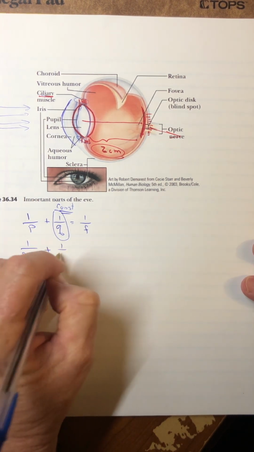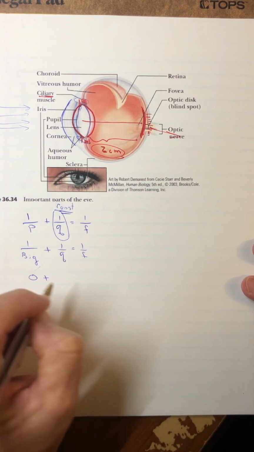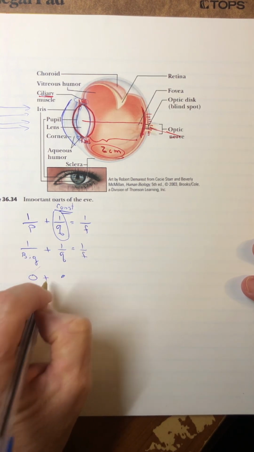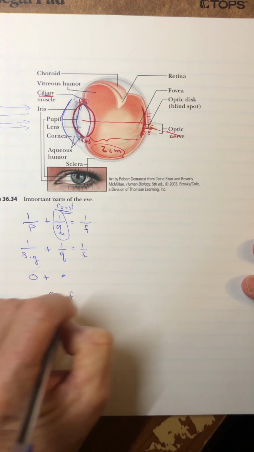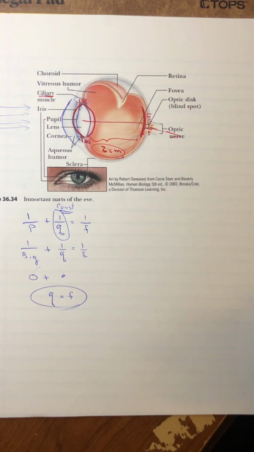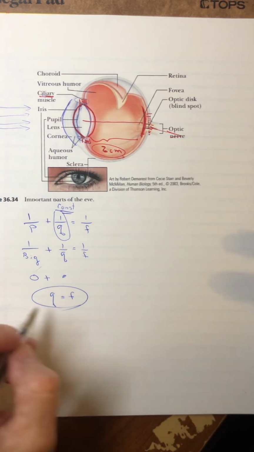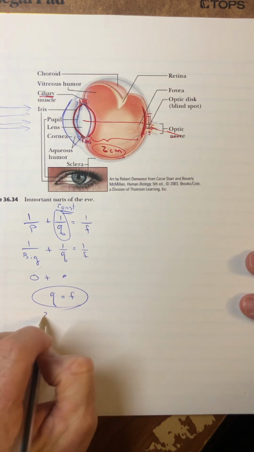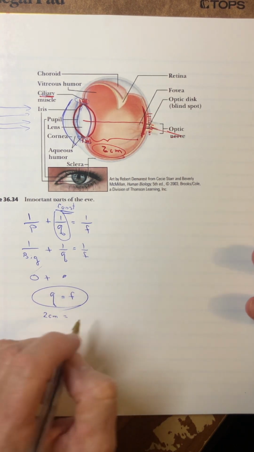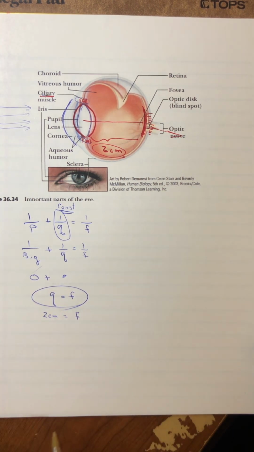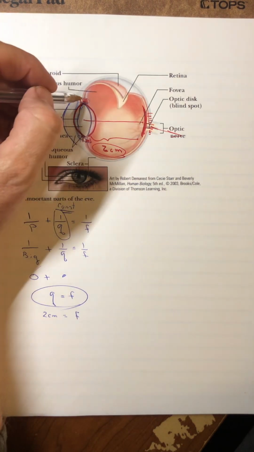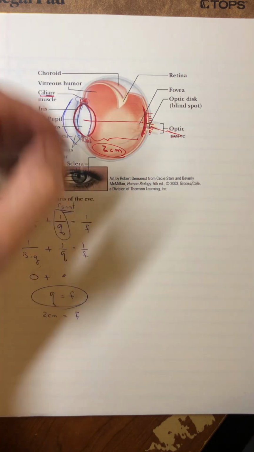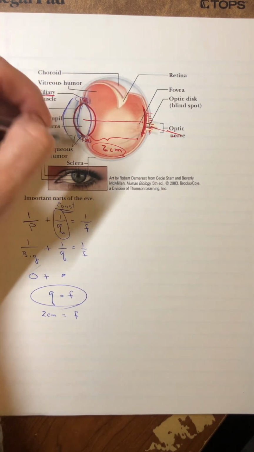Then I get 1/Q = 1/F, and if we run through the math, that just says Q = F. When things are really far away, this is the same mathematics as we did for the camera. The image distance, which is roughly 2 centimeters, is the focal length. And in a perfect working eye, that is what you get when you relax these muscles.